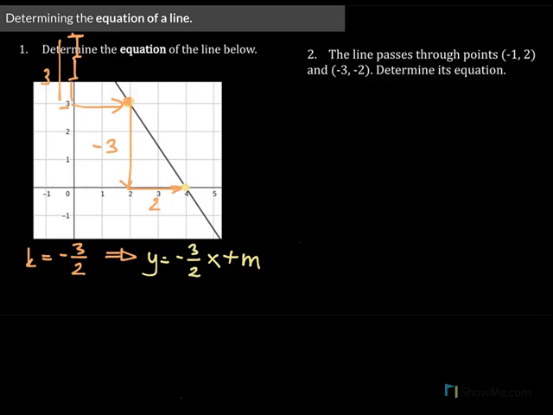So from 3, I am going to 6. So even without seeing that line, I can calculate that the y-intercept is equal to 6. So my line will have the equation of y is equal to -3/2 x plus 6.